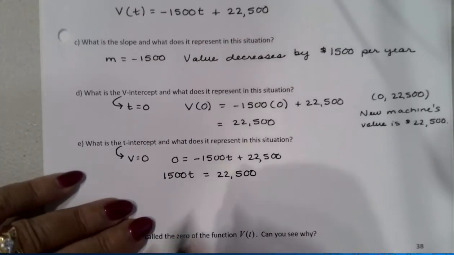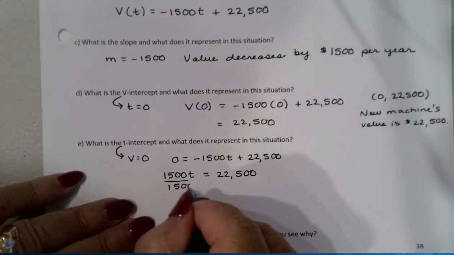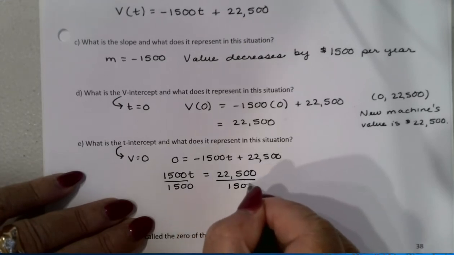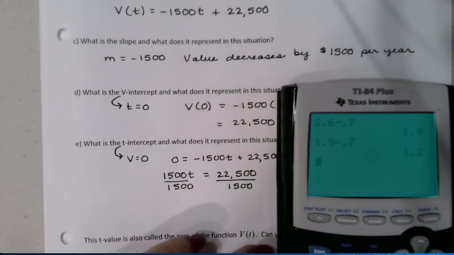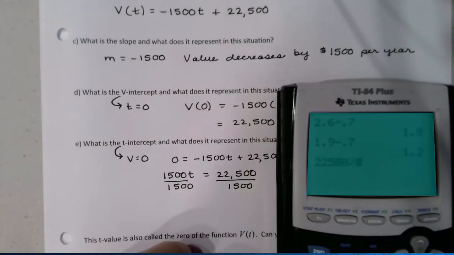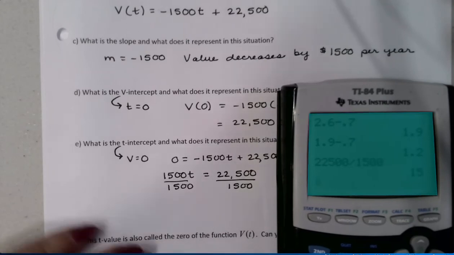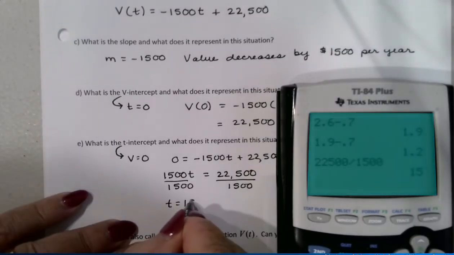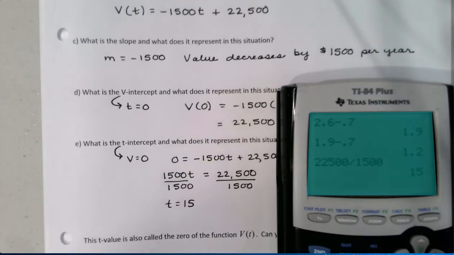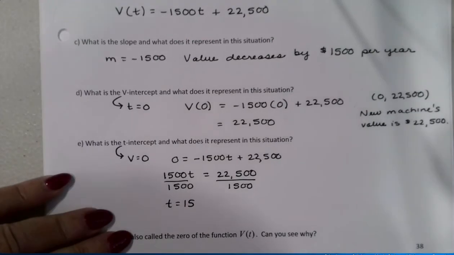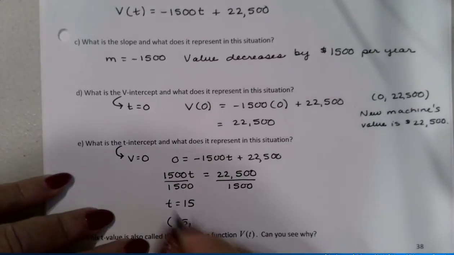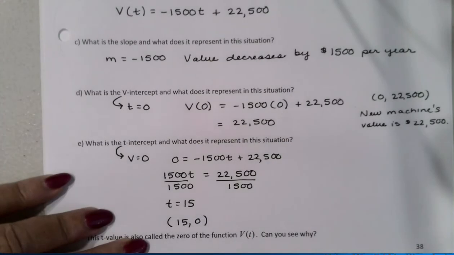And then I'm going to divide both sides by the 1,500. And I get 15. So the t-intercept is actually (15, 0). And what that means is that after 15 years, the value is 0.